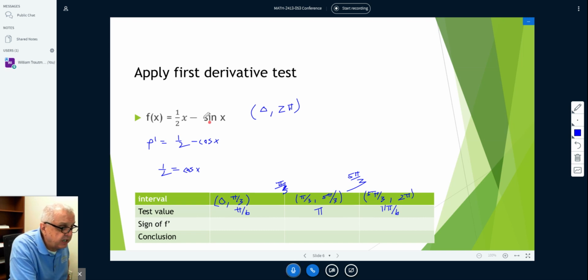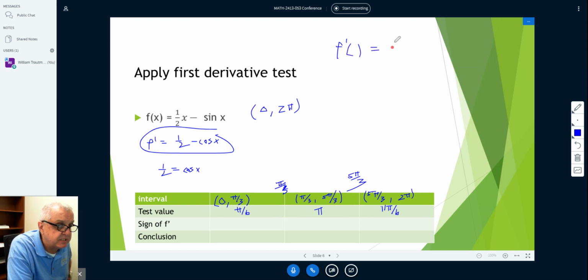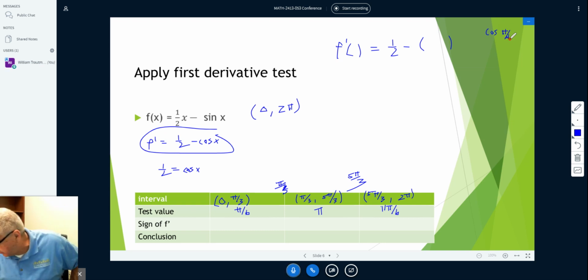So here's my function with the first derivative, and I have to plug these test points into it, 1/2 minus the cosine of x. I'm looking for the cosine of pi over 6. On my unit circle, the cosine of pi over 6 is the square root of 3 over 2.